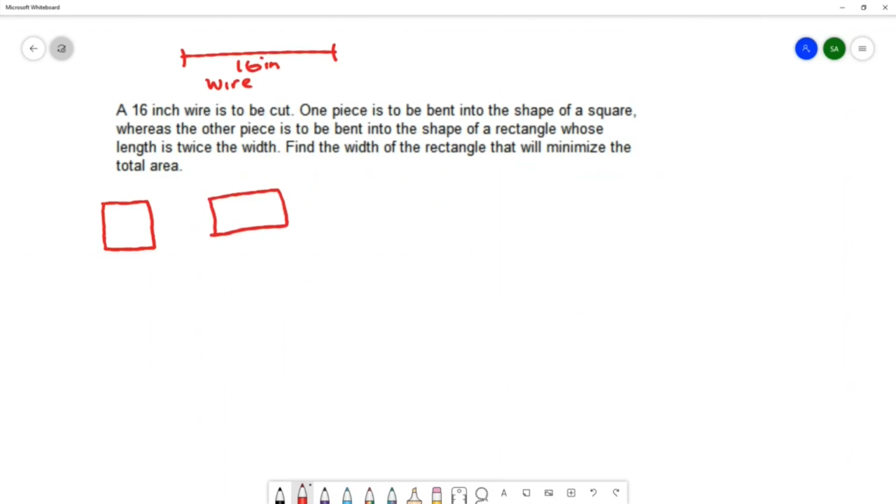And for the rectangle, the length is twice the width. So if I allow, say, the width to be x, the length will be 2x. And at this moment, I don't know the width of the square, but let's say that that's y.